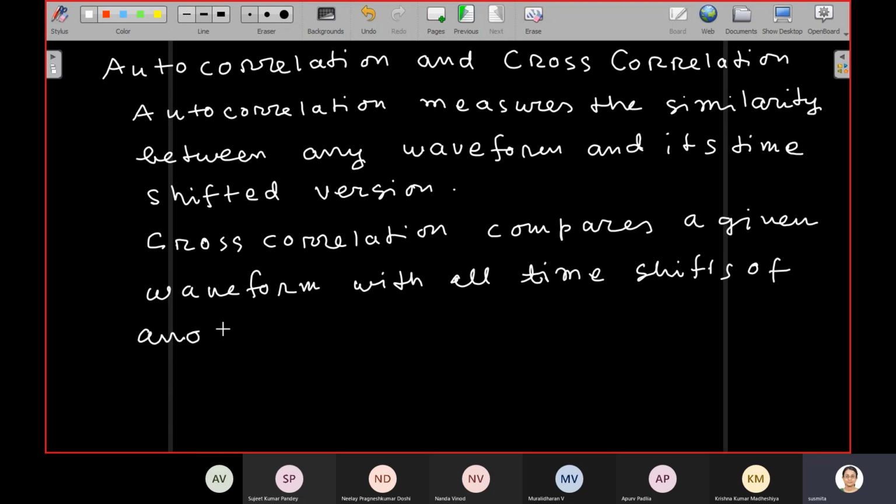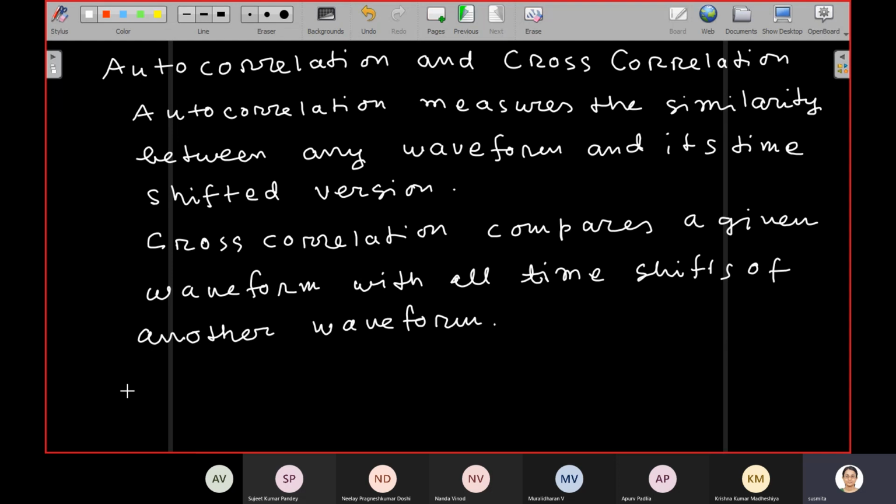So in case of the autocorrelation, we consider the same waveform and find the similarity of the waveform with different time shifts of it. Whereas in the cross correlation, we compare two different waveforms.